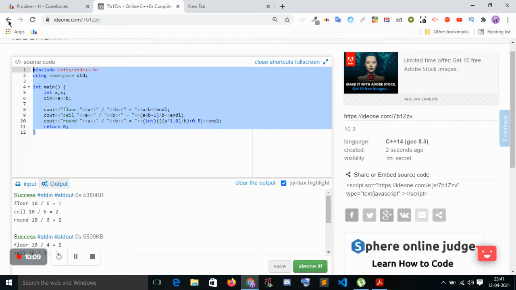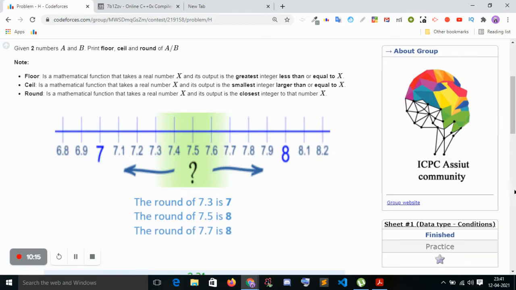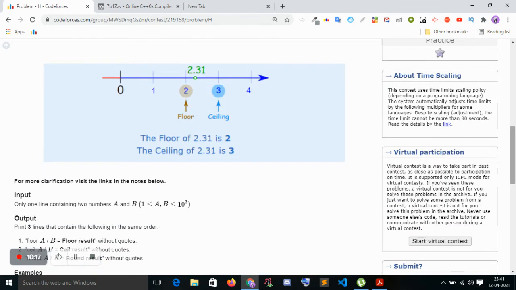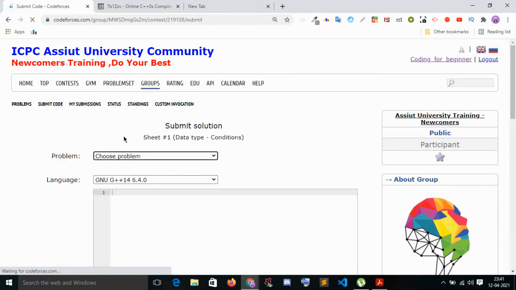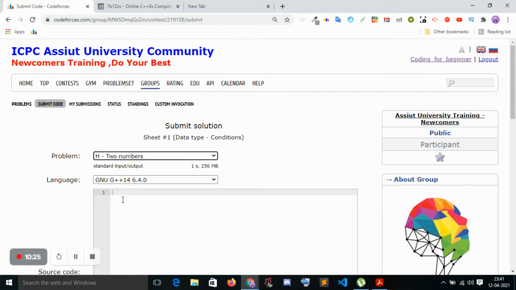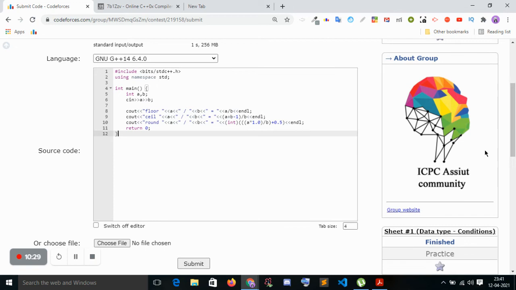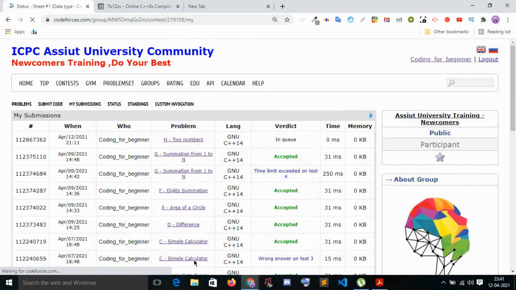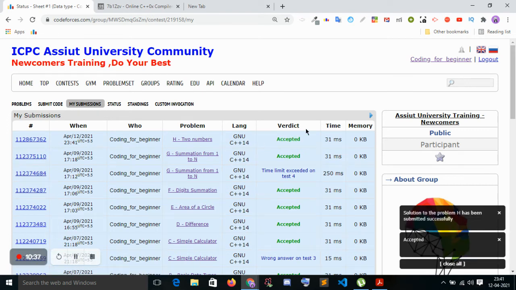So I will copy it and try to submit it. Okay, so the code is accepted.